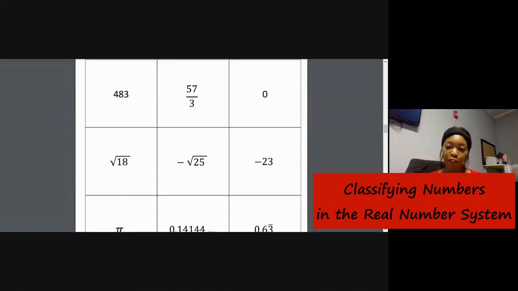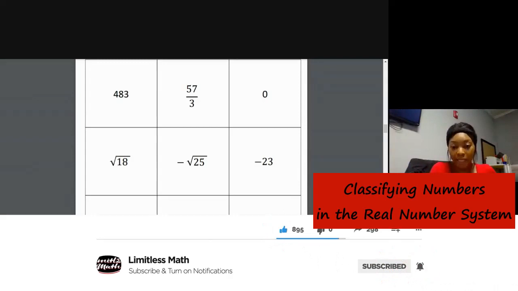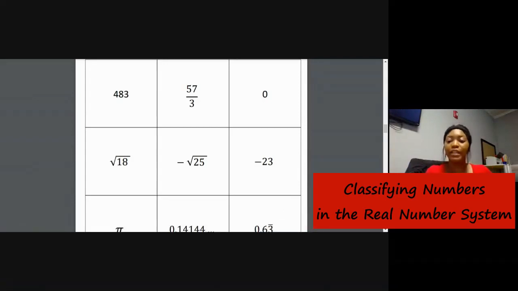When I think about rational and irrational, I automatically think fraction. Is 57 over 3 a fraction? Yes, right. So since it's a fraction, that makes it rational. Fractions mean rational. Irrational means it can't be a fraction.